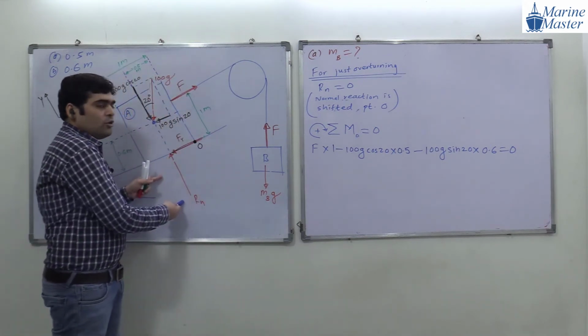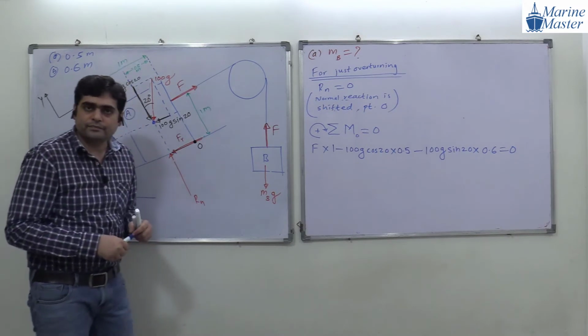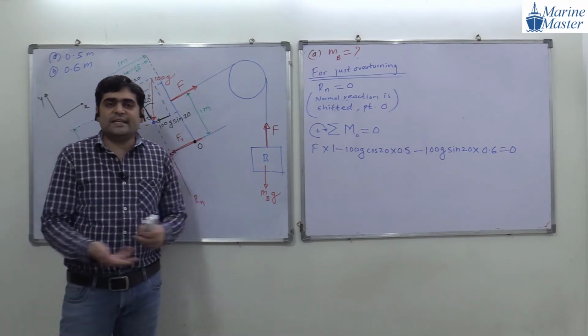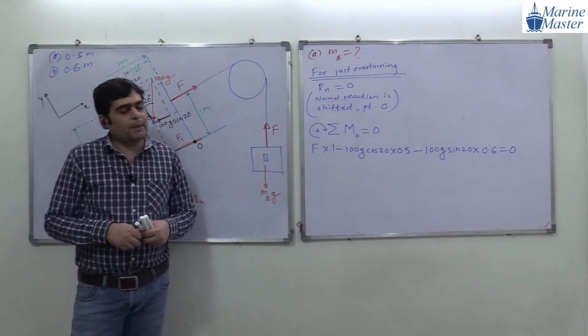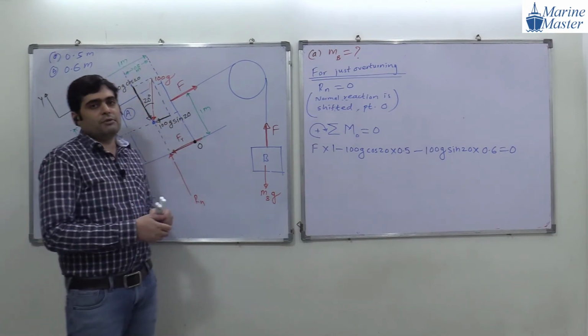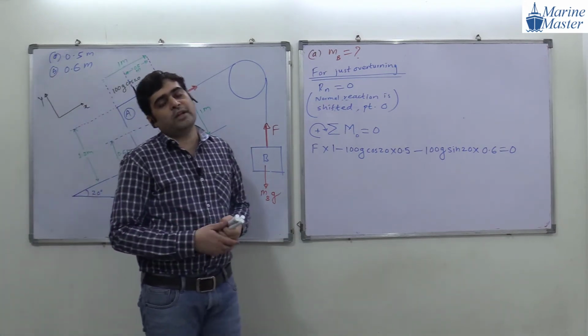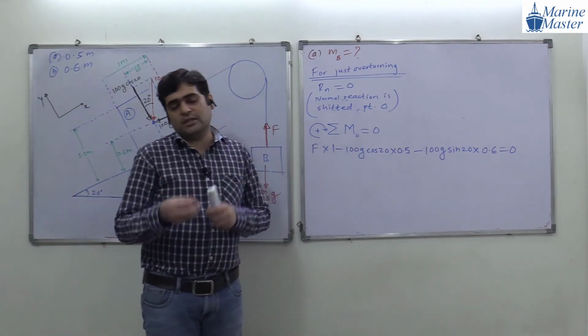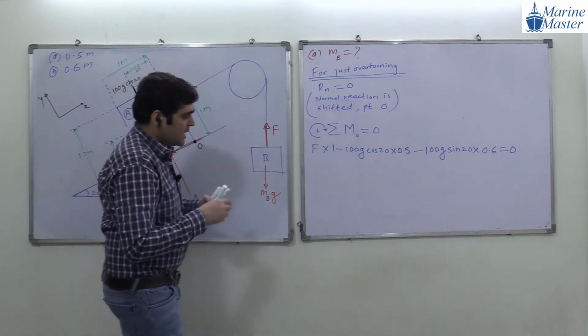This Rn is 0 already, so it will not come in. And what about Fr? It is directly passing through the point O. So the perpendicular distance is 0. So Fr will not come into our picture, because they are passing through the point O. This is point O, guys. Try to see the scenario.